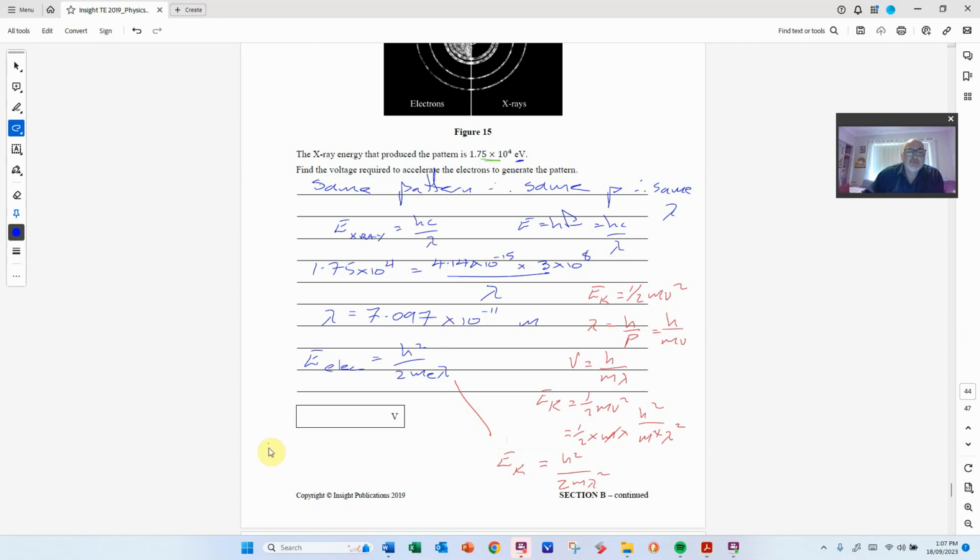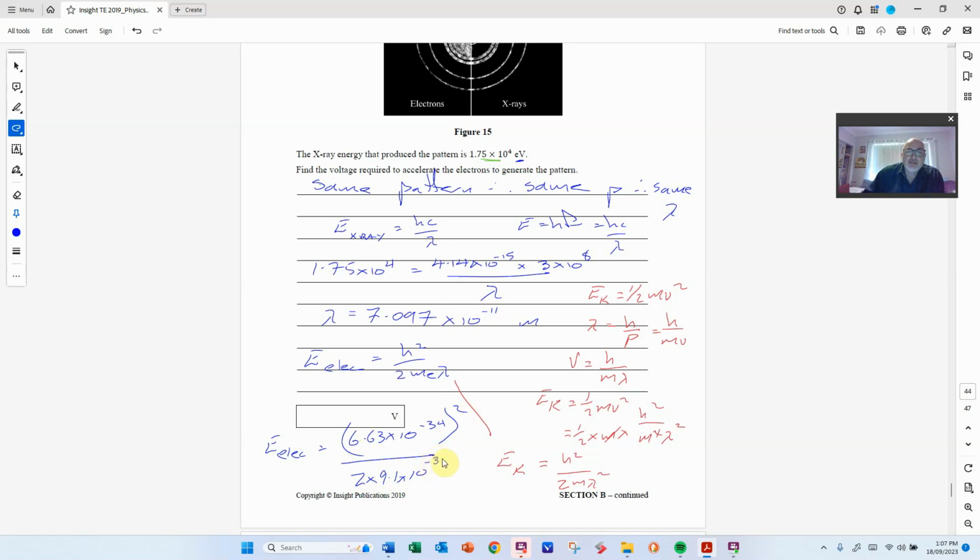Substituting values in. Energy of the electron is equal to h squared, because we're dealing with the matter now, 6.63 by 10 to the negative 34, all squared, over 2 by mass of an electron, 9.1 by 10 to the negative 31.